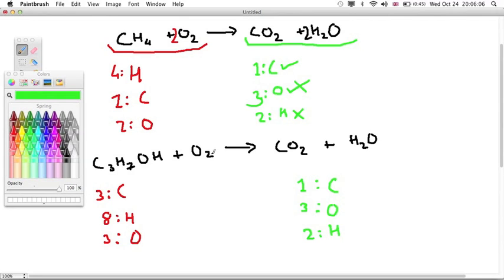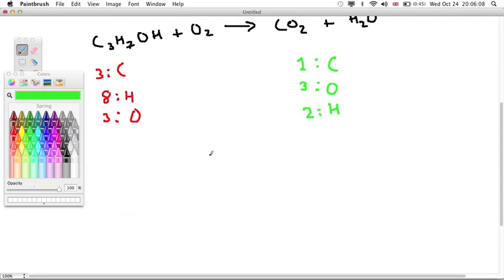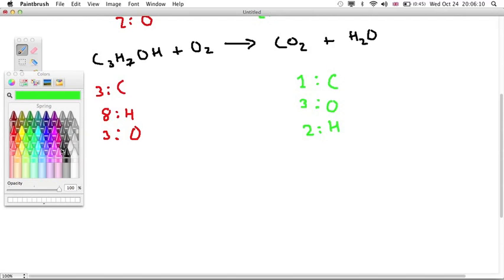As we learned from the last topic, always leave the singular one till last. So there are 2 hydrogens here, there are 8 over here. So what you do is add a 4 over here, because you want to turn the 2 hydrogens into 8.